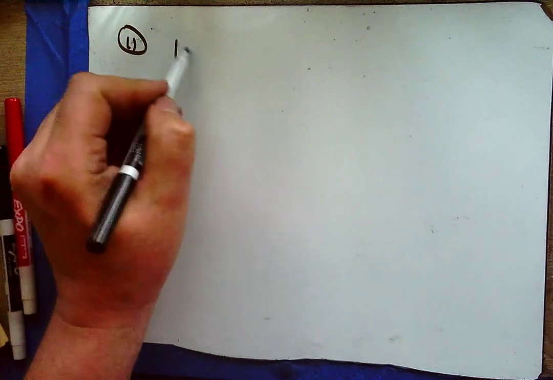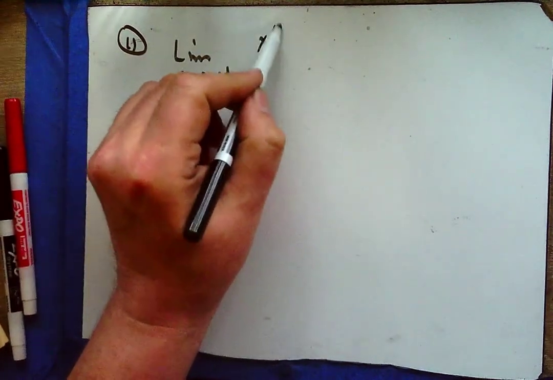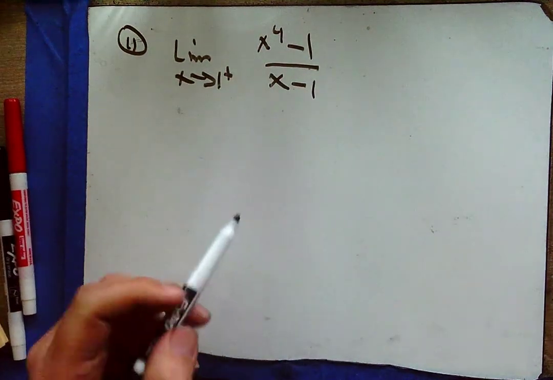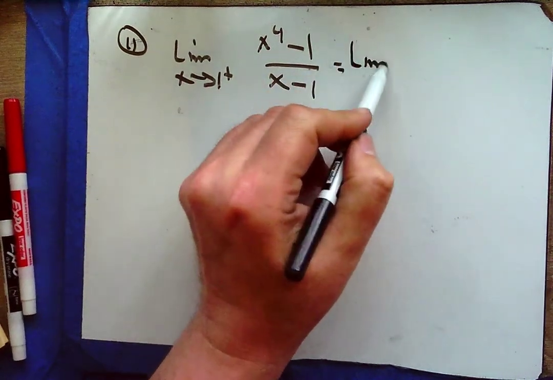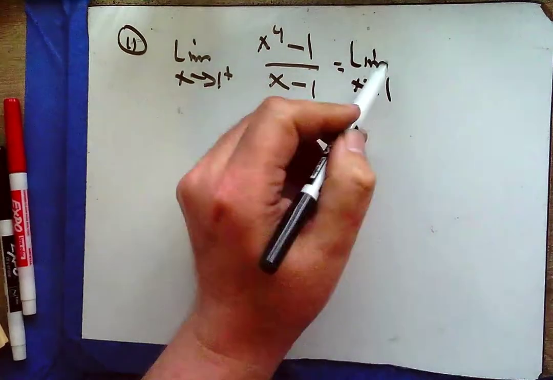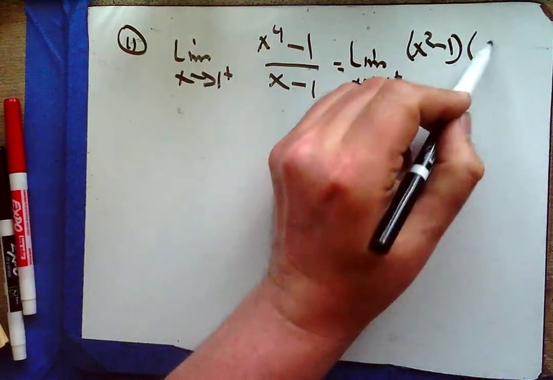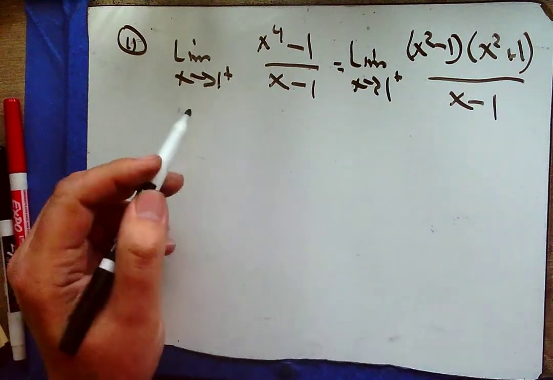11. The limit as x approaches 1 from the positive side of x to the 4th minus 1 over x minus 1. Well, I see a difference of squares here, so I can treat this as the limit as x approaches 1 from the positive side of x squared minus 1 times x squared plus 1 over x minus 1.